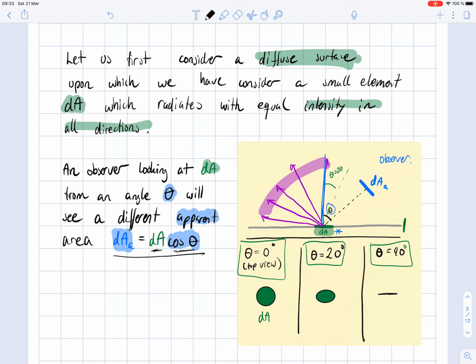So here we see if theta equals 90 degrees, as we just said, then cosine 90 is 0, and then we don't see any area at all, while if we have an angle of 0, then we see the full area.